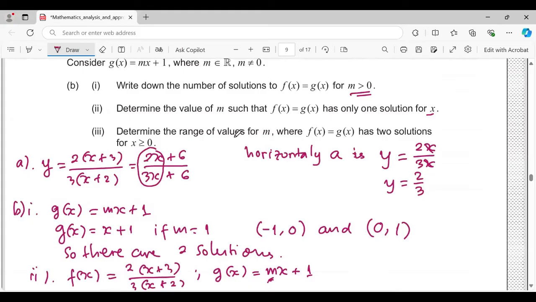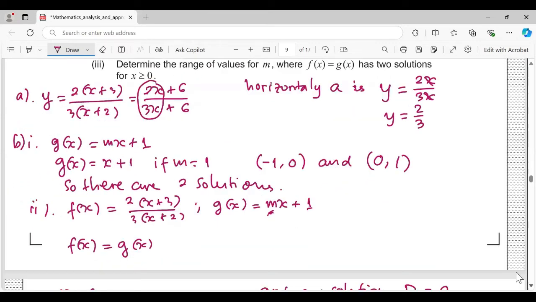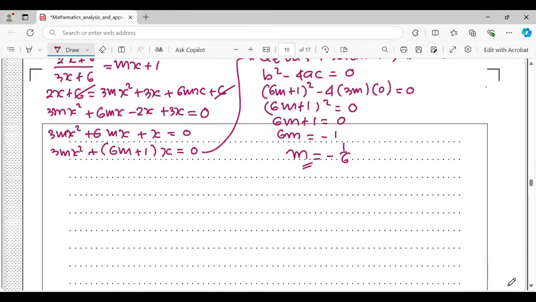Next, determine the range of values for m where f(x) equals g(x) has two solutions for x greater than or equal to 0. If two solutions, it means the discriminant is greater than 0.